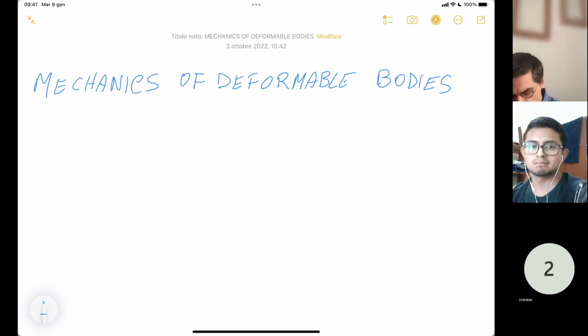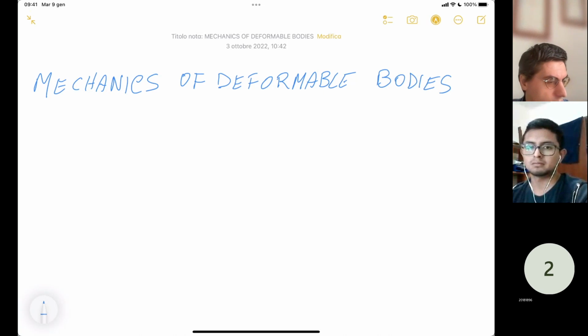Good morning, everybody. Today I will give an introduction to both courses: the continuum mechanics for solid and fluid, and my course on the mechanics of plates and shells.